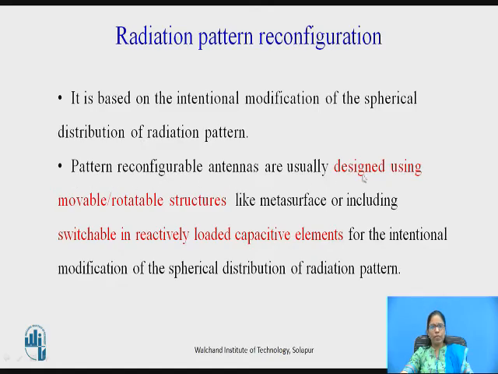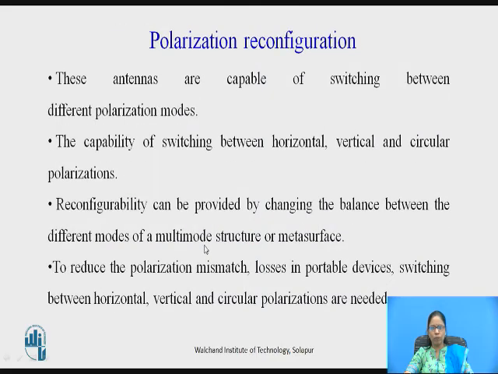Pattern reconfigurable antennas are usually designed using movable or rotatable structures like metasurface, or including switchable and reactively loaded capacitive elements for intentional modification of the spherical distribution of the radiation pattern. So by using movable or rotatable structures or switchable structures, we achieve radiation pattern reconfiguration.